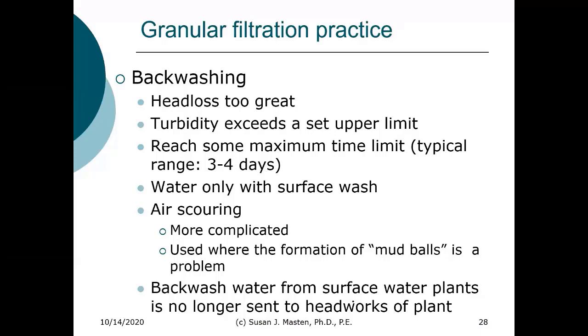As I mentioned, you backwash when the head loss is too great, or the turbidity exceeds a set limit, or you reach a maximum time limit, which is 3 to 4 days. In some cases, backwashing is much more regular than that. And so when that happens, the system is backwashed.